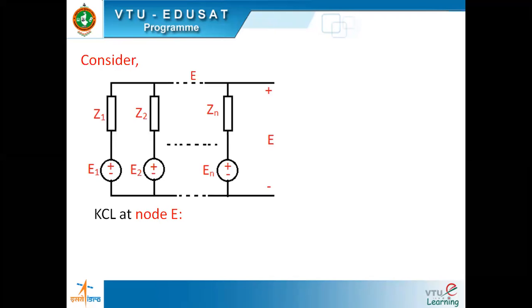Now, when can we say there is a current entering? We can say there is a current entering the node when there is a current source showing the current entering the node. Is there any such current source showing current entering the node E? No. So there is no current entering; all the currents are leaving currents.